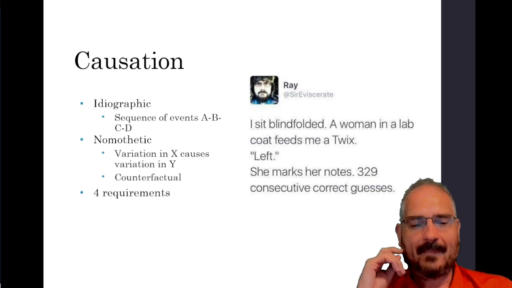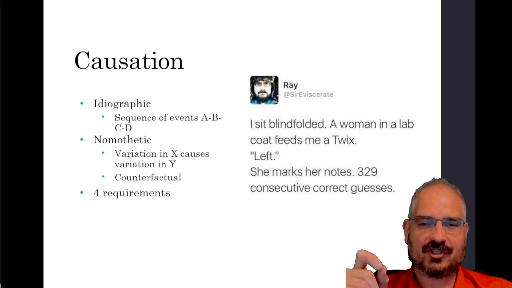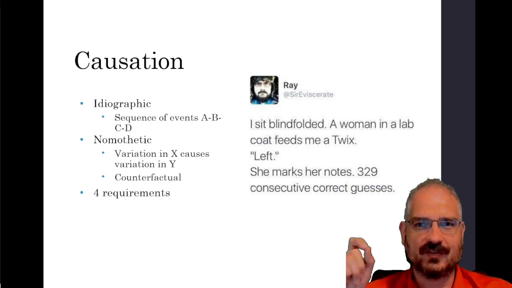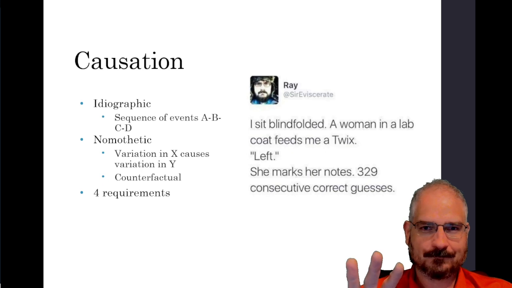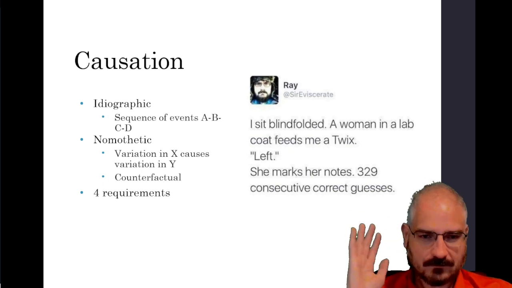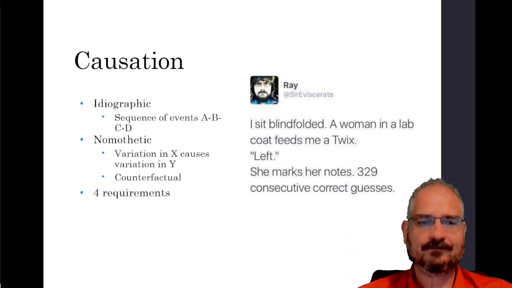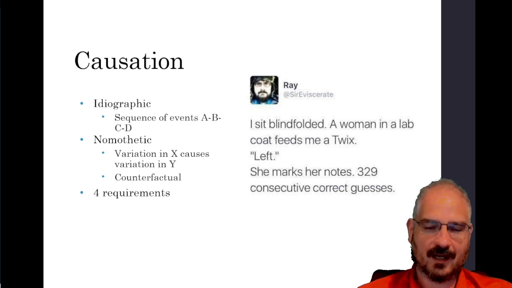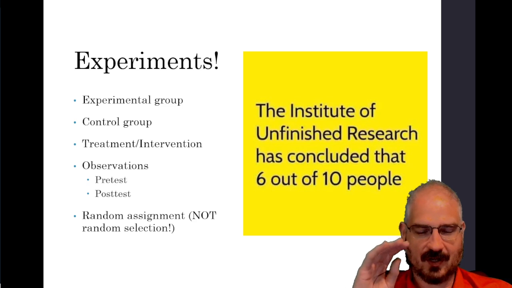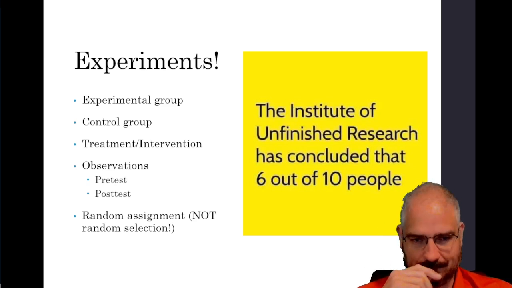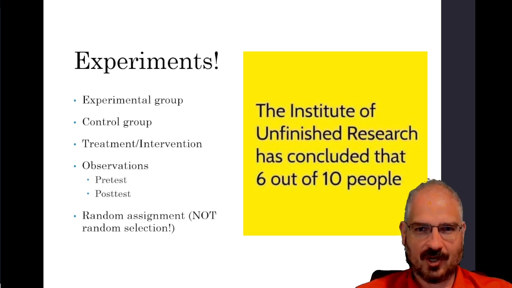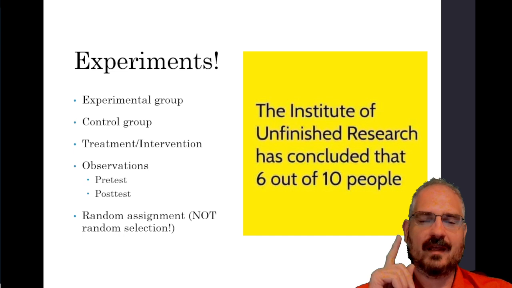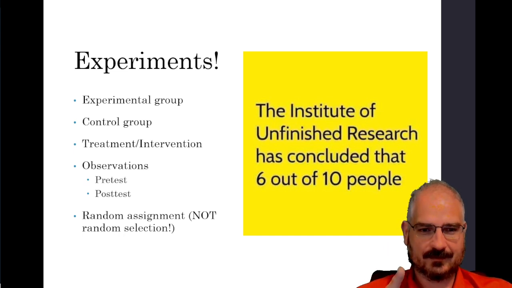Now, as a scientist, if we want to establish that one thing causes another, we need 4 things. Some textbooks say 3, some textbooks say 4. I'm of the school of, I believe there's 4 requirements to causation. And we're going to talk more about that in a minute. But the best way to establish causation is with a true experiment.